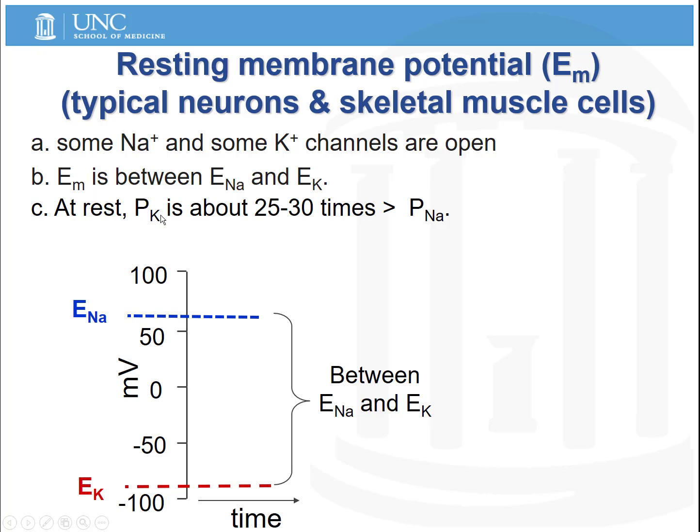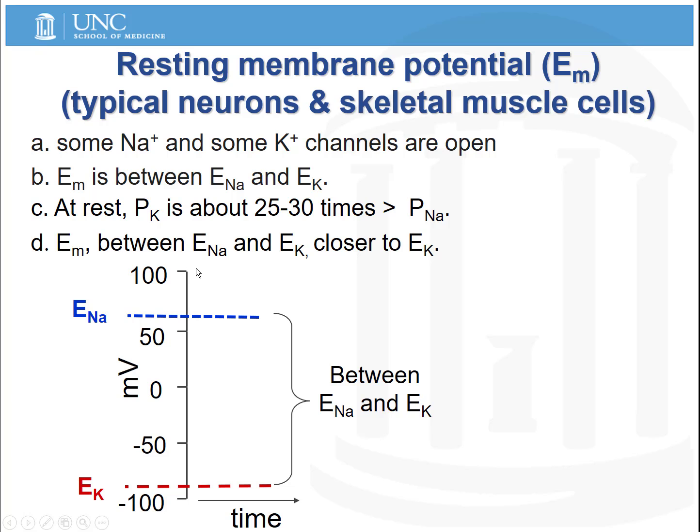We also need to take into account how permeable the membrane is to each of these ions. And it turns out that at rest, the permeability of the membrane to potassium is 25 to 30 times greater than the permeability of the membrane to sodium.